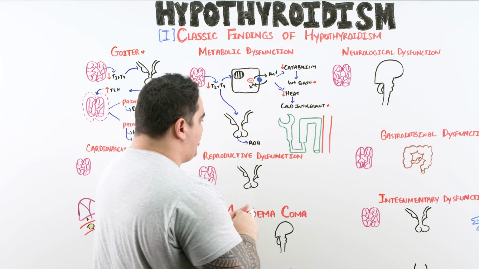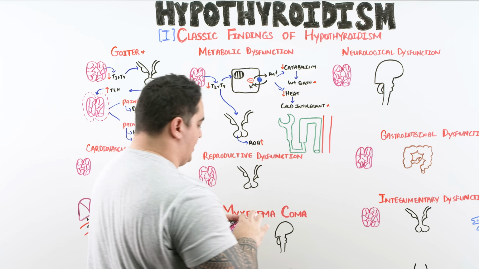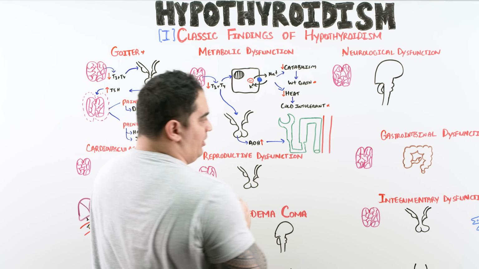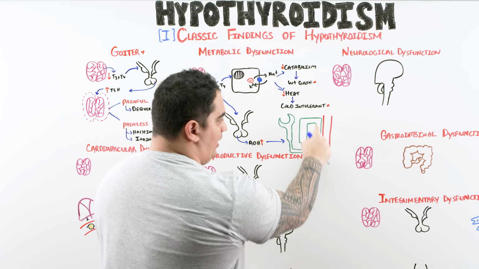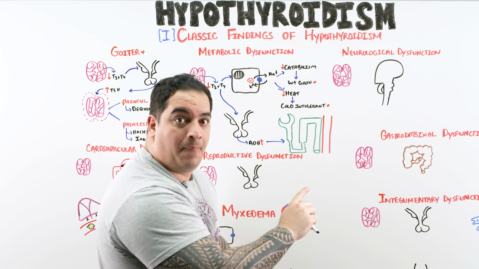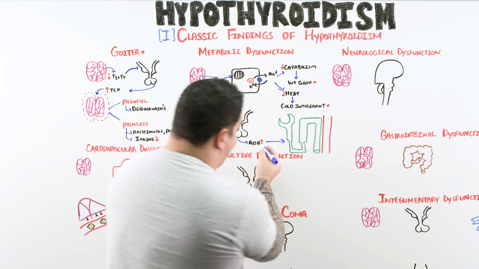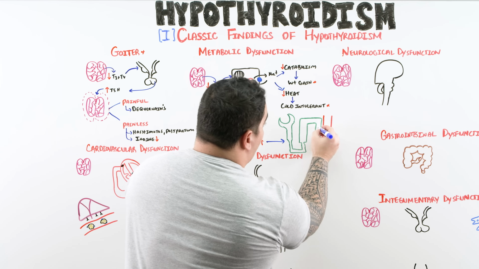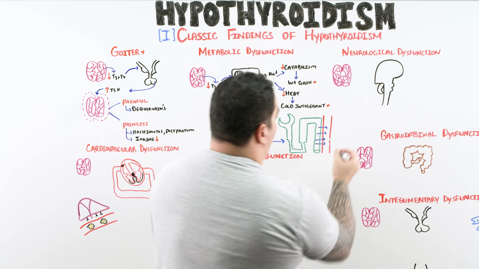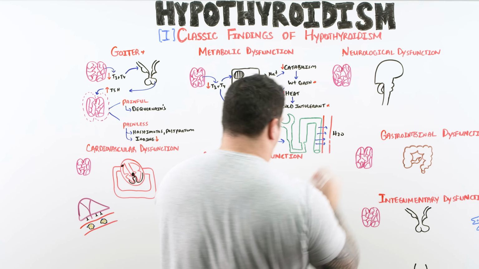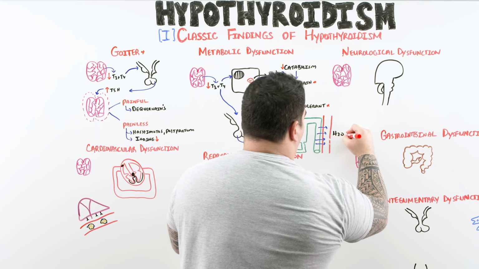Now, when ADH is produced in large amounts, it goes to your kidney tubules. Here you have your Bowman's capsule, PCT, loop of Henle, DCT, collecting duct, right? The collecting duct is the site of ADH, and it'll reabsorb tons of water. Now, when I reabsorb a lot of water, what will that do to my sodium?